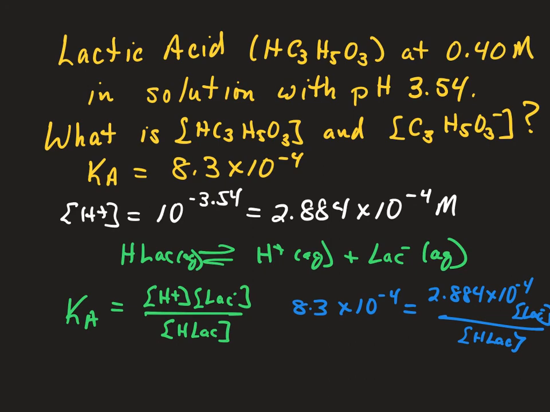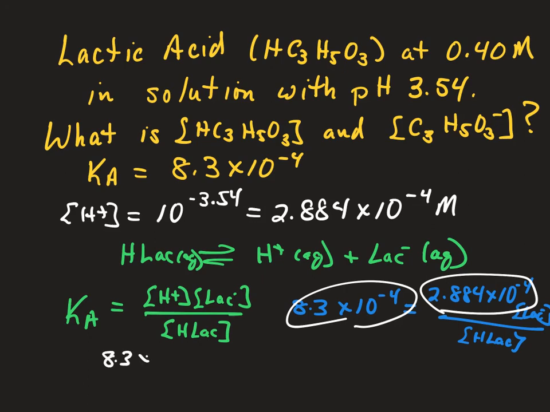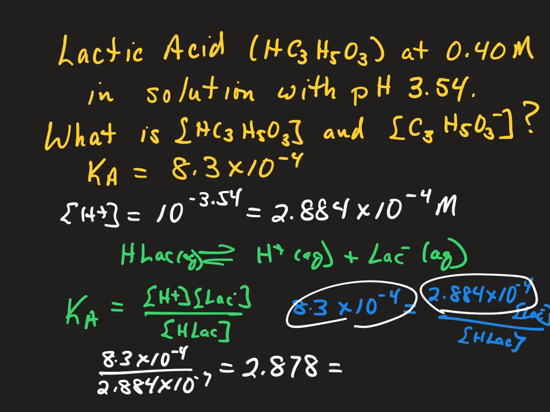If we divide both sides by this number, we get that 8.3 times 10 to the minus 4 divided by 2.884 times 10 to the minus 4 equals 2.878. And so we know that that is equal to the concentration of lactate ion divided by the concentration of undissociated lactic acid.